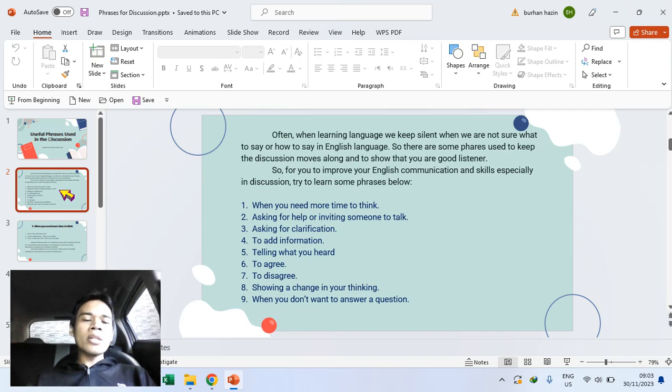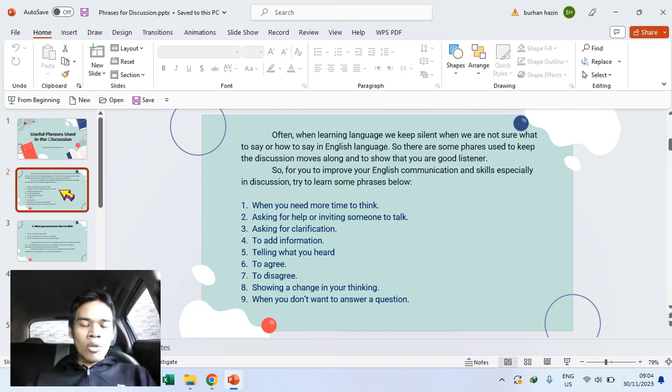And then when you agree with the opinion of one of the participants of the discussion, what phrases are you going to use? And then when you disagree with the opinion of one of the participants, what are you going to use? And then also showing change in your thinking.